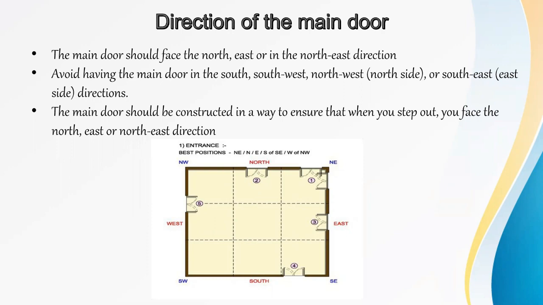But we should always avoid having our main door in the south, southwest or northwest direction. The main door should be constructed in a way to ensure that when we step out, we always face the north, east or northeast direction.